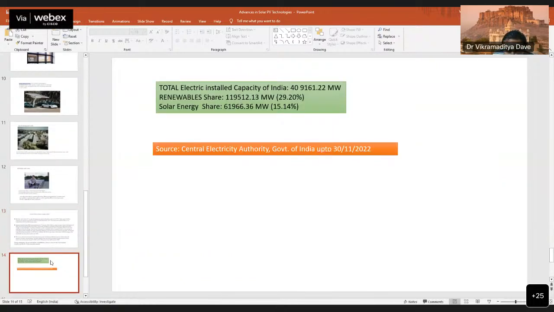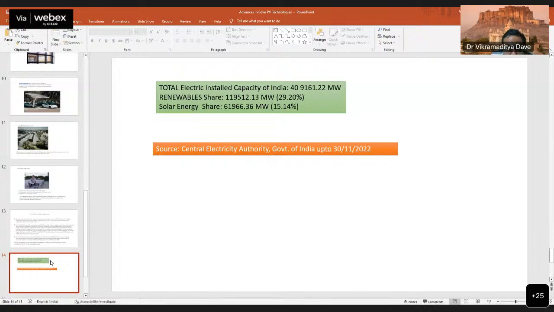The present data is that in India there is 4,09,160 megawatt of electric installed capacity, out of which 1,19,512 is through renewables. This renewable includes small hydropower plants, solar, wind, and also nuclear.